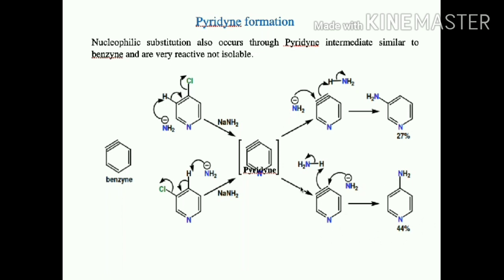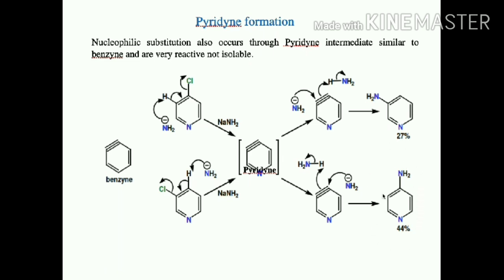And here also pyridyne will be formed from both gamma and beta. Whatever product it is going to form, the gamma product will be in higher yield and the beta product will be in lesser yield. This is very important. Anyhow, both are going to form from the pyridyne, but the major product is the gamma product.